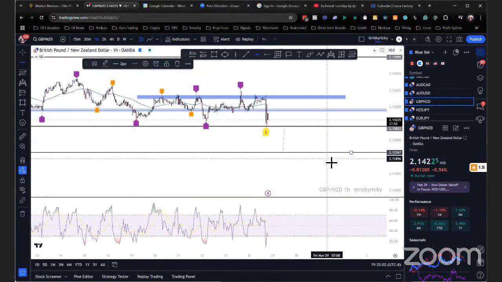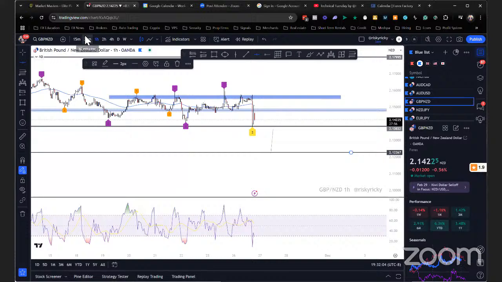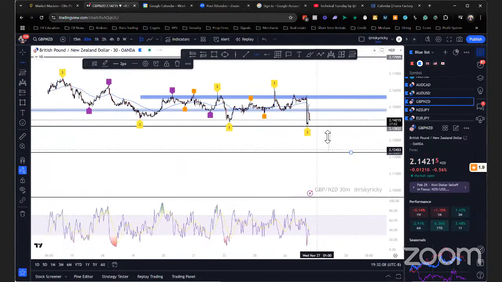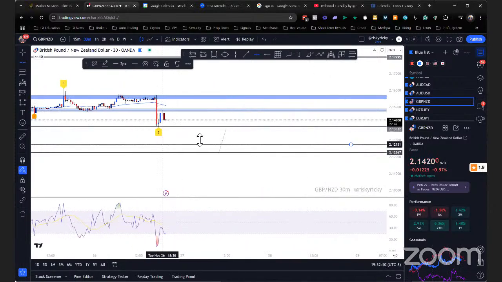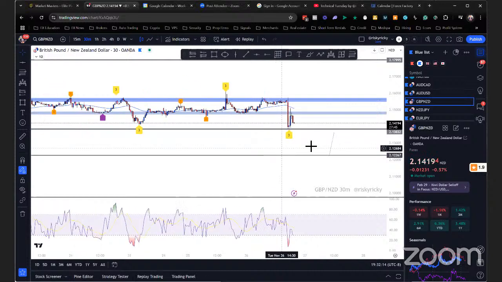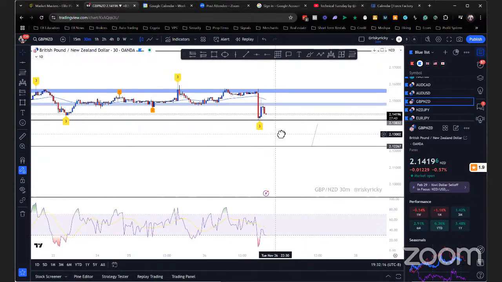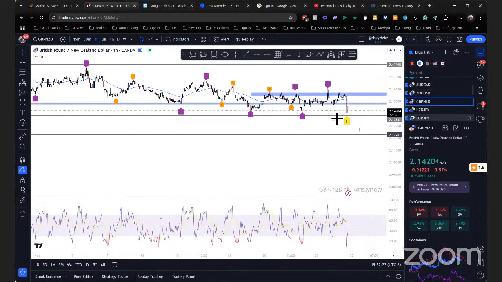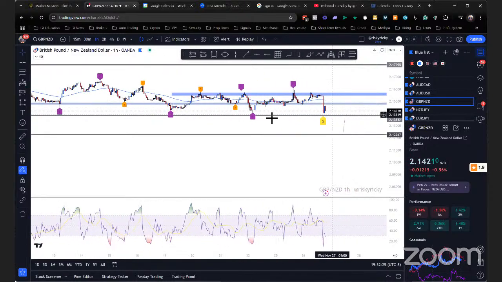So right now, there's nothing yet. But this one is a good potential. Just would need to see more of a price breakout here. Let's see.